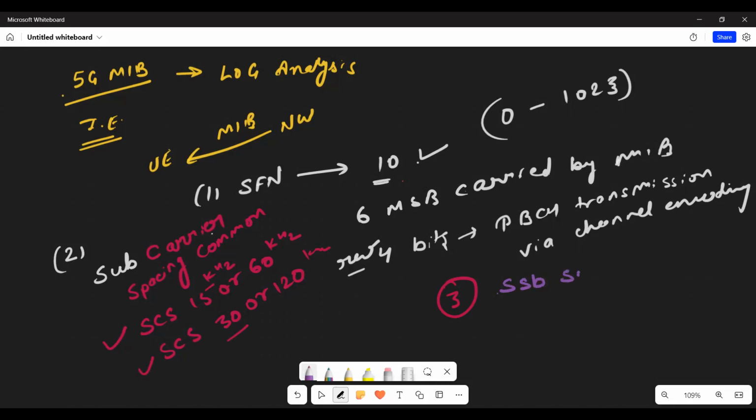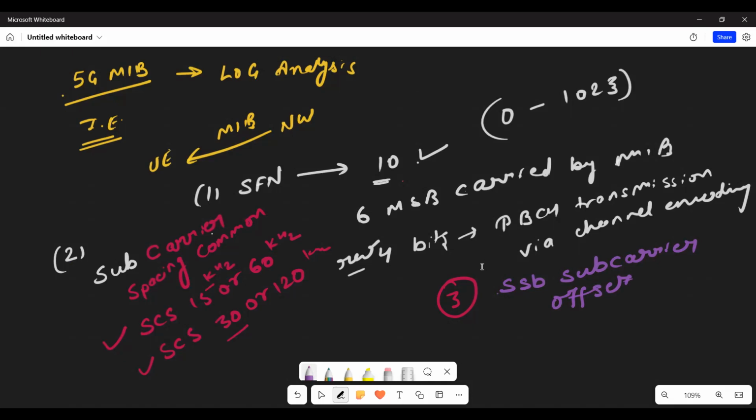SSB subcarrier offset, right? So here this SSB subcarrier offset would be indicating the frequency domain offset between the SSB and the overall resource block grid in the number of subcarriers.